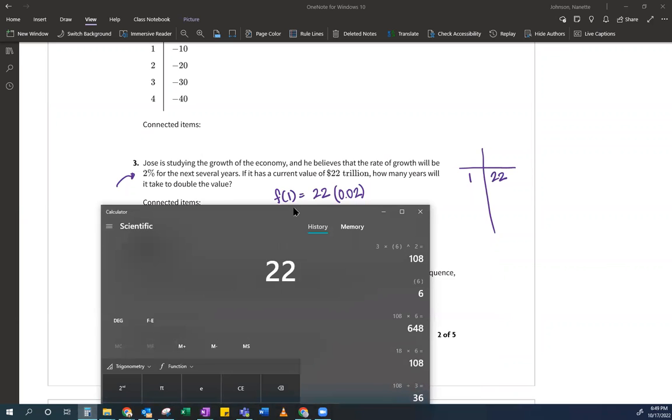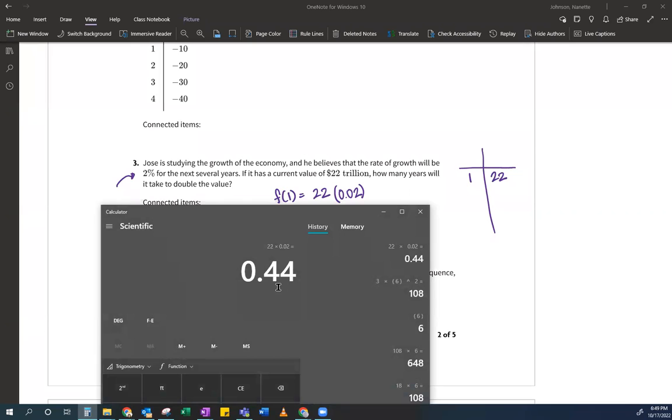So if I had $22 trillion in the bank, right? And I don't actually, in case you were all wondering, and I multiply that by 0.02 because that's how you write 2% as a number. It's 2 hundredths, which makes sense, right? And I hit enter. Now I had $22 trillion, and then it says this. I don't have $1 trillion anymore.